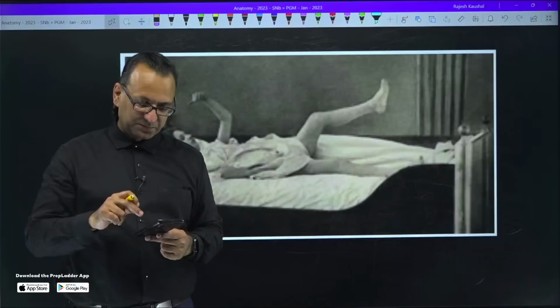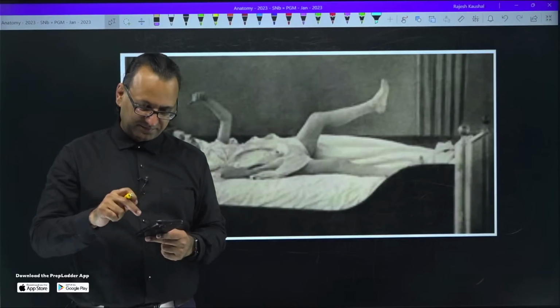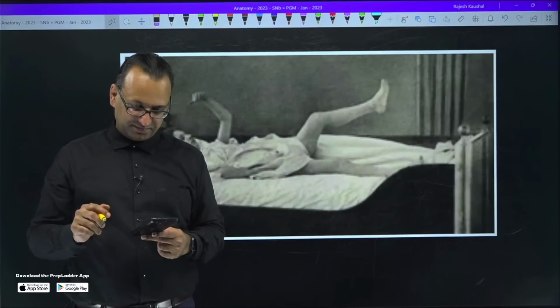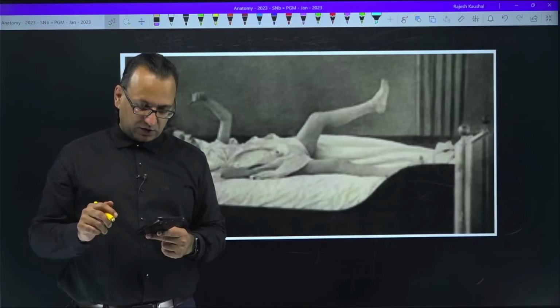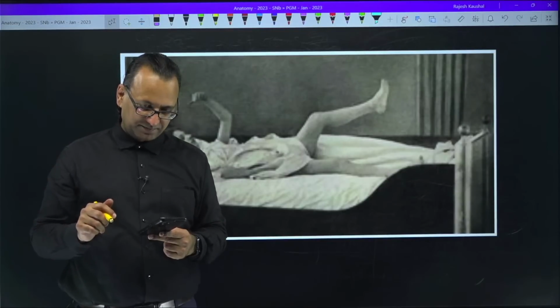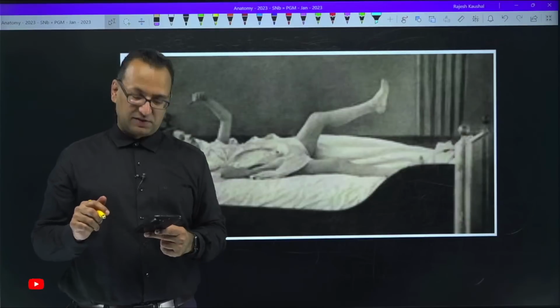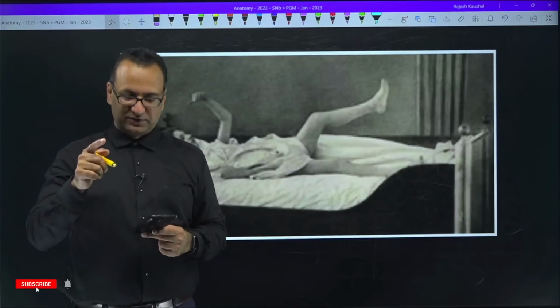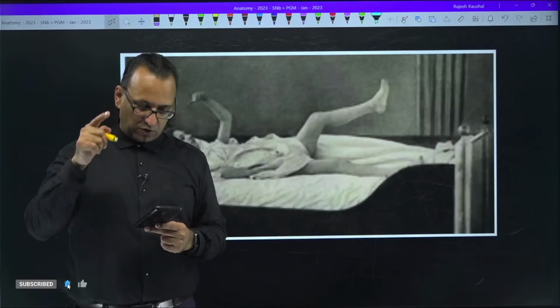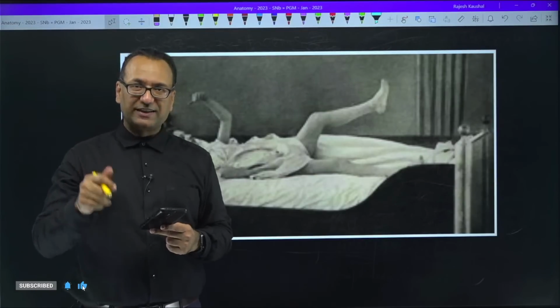Can you tell me? Parkinson's, athetosis. Tell me, what is this? Yes, hemiballismus it is.